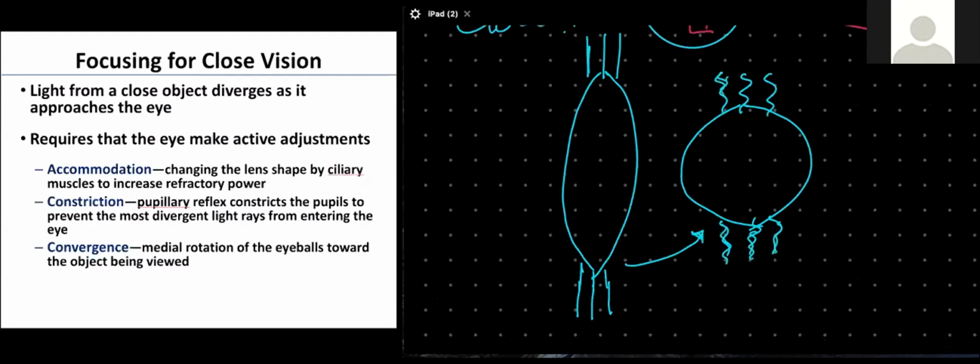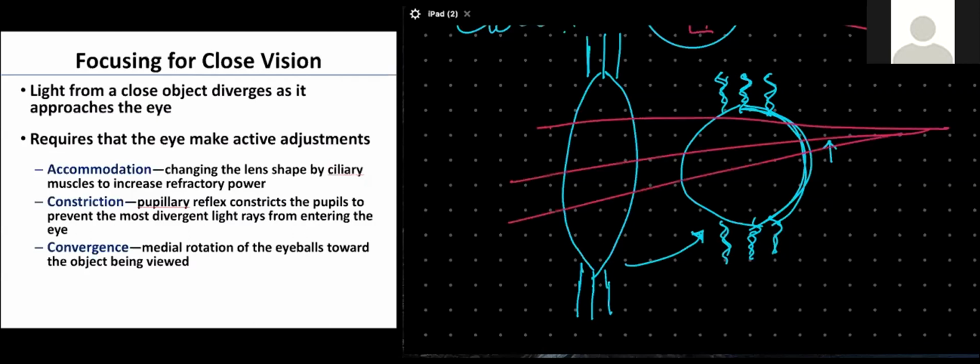And as I relax them, what's going to happen to the curvature of my lens? It's going to be increased. You increase the curvature and thus the convergence power. So now I have better convergence than before.